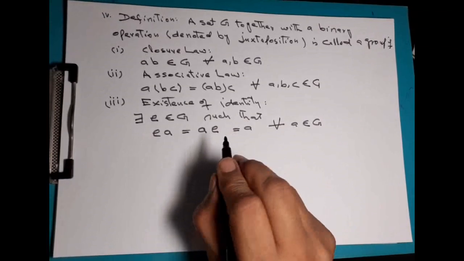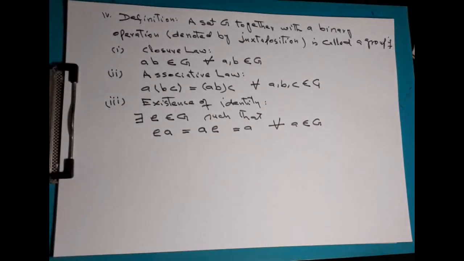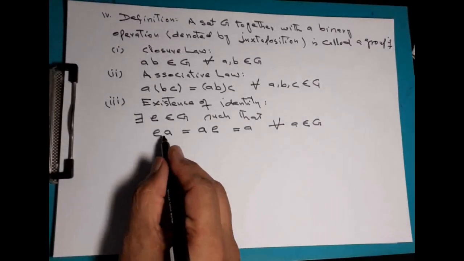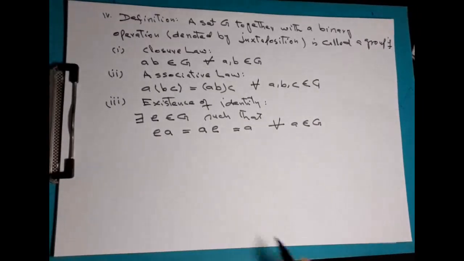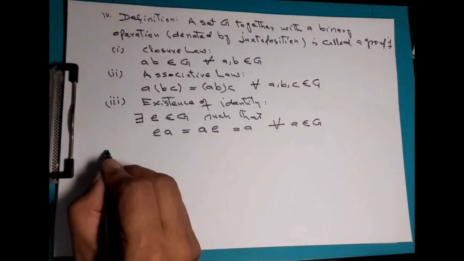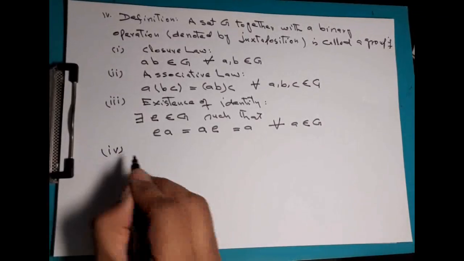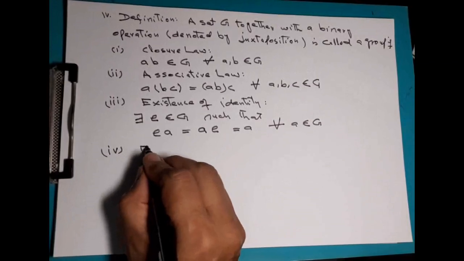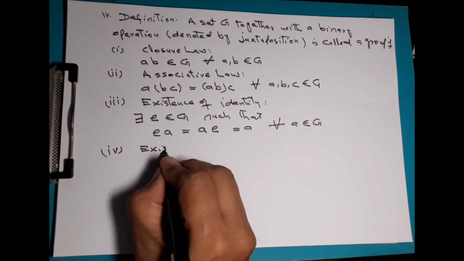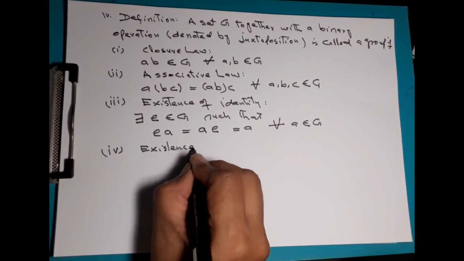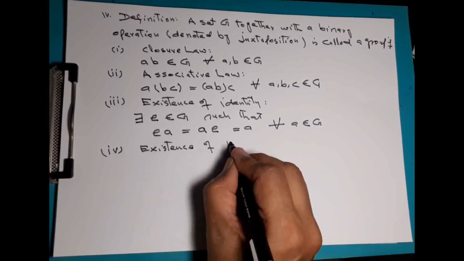It does not make any difference if you understand what we mean. In fact, we simply mean the binary operation whatsoever it is. So this is the condition for existence of identity element, and then the next condition is existence of inverses.